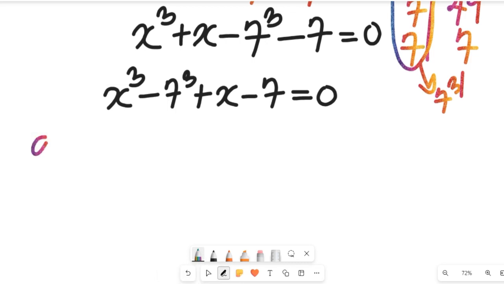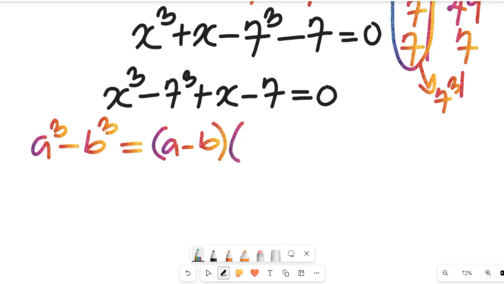In that formula, we have a to the power of 3 minus b to the power of 3, which is equal to a minus b as the first factor, and then we'll have a squared plus ab plus b squared.